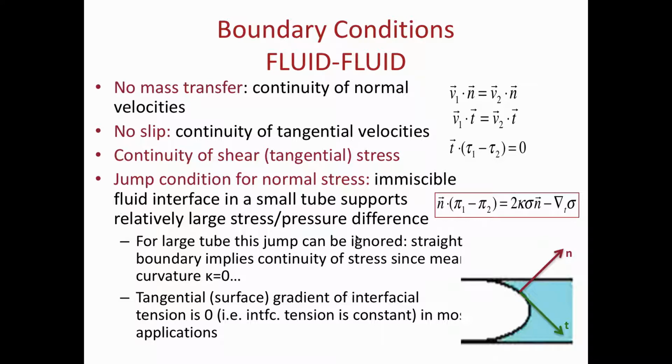The fluid figures out some other configuration, and that configuration might snap off some blobs of oil that I care about, or it could be environmental engineering, any kind of non-aqueous liquid that is a contaminant in the soil.